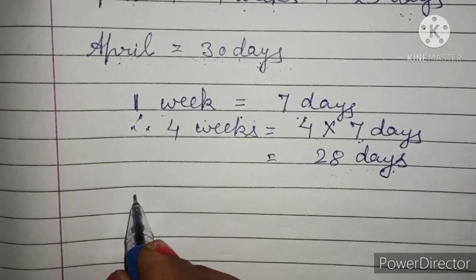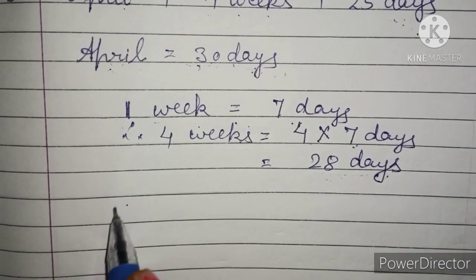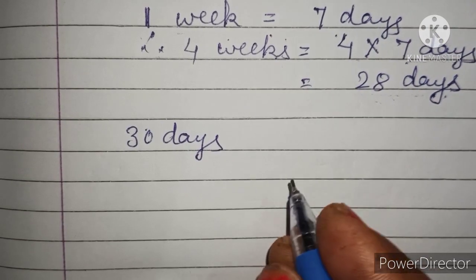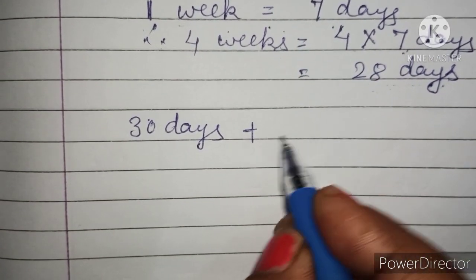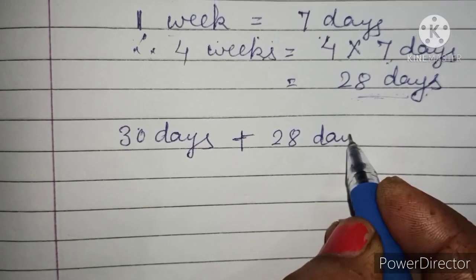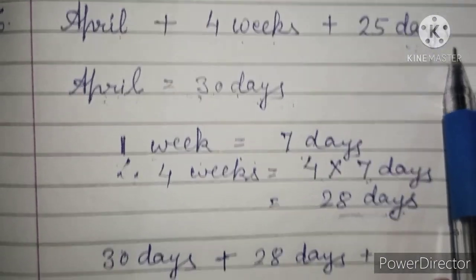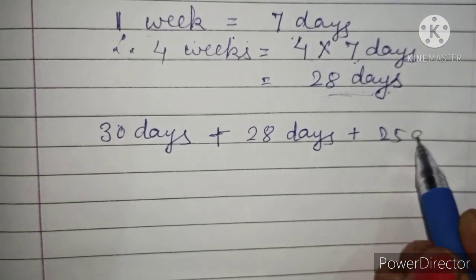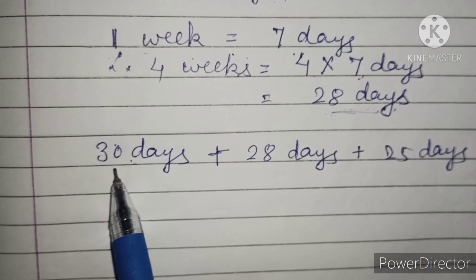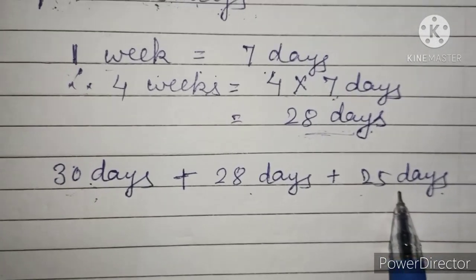So we will write here, first write 30 days plus 28 days plus 25 days. Okay? Now we have to add.